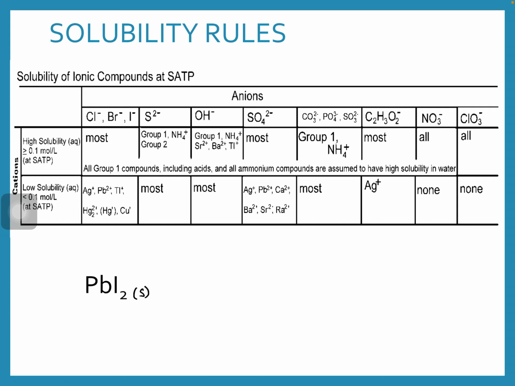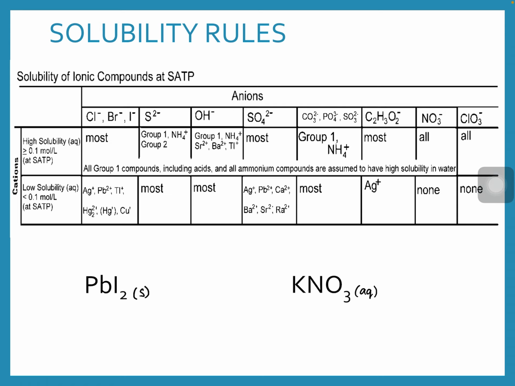It will not dissolve most of it. Potassium nitrate: I have nitrates over here, and they are highly soluble with all. So this would then be aqueous. That's how we use our solubility rules to decide if ionic compounds are solid or aqueous.